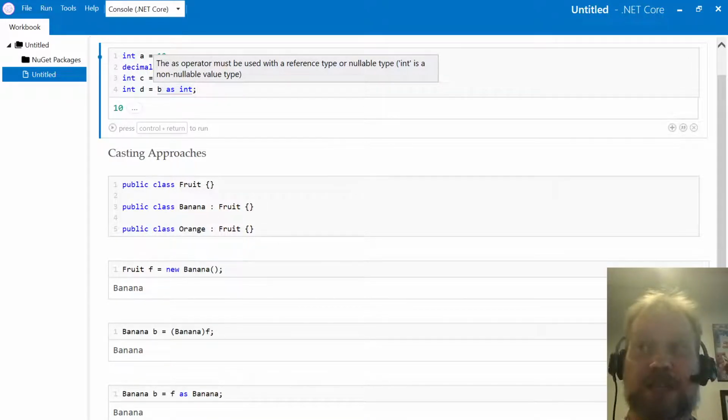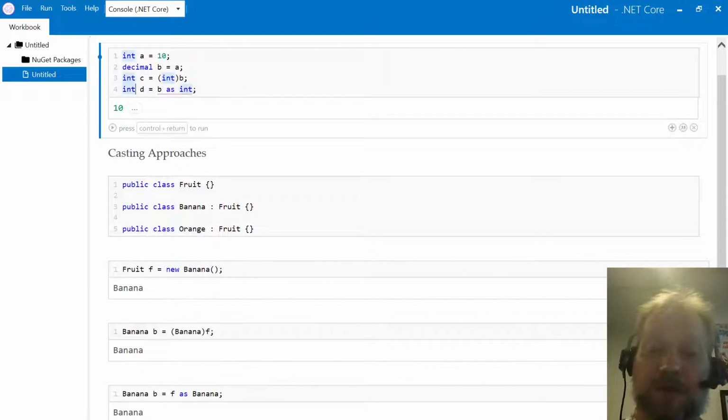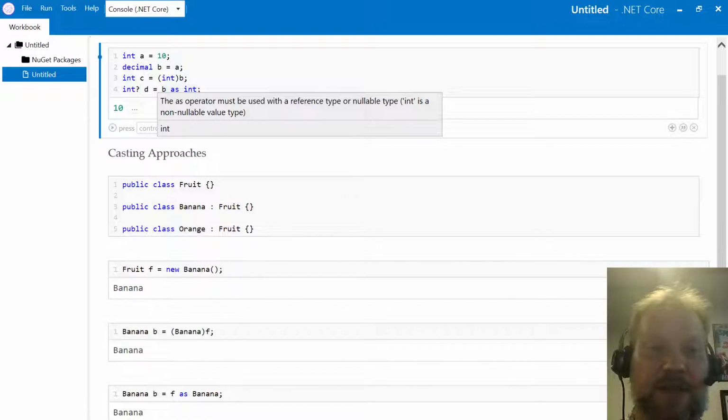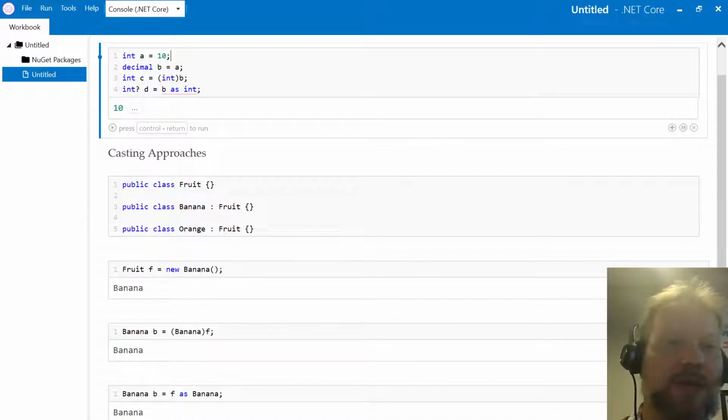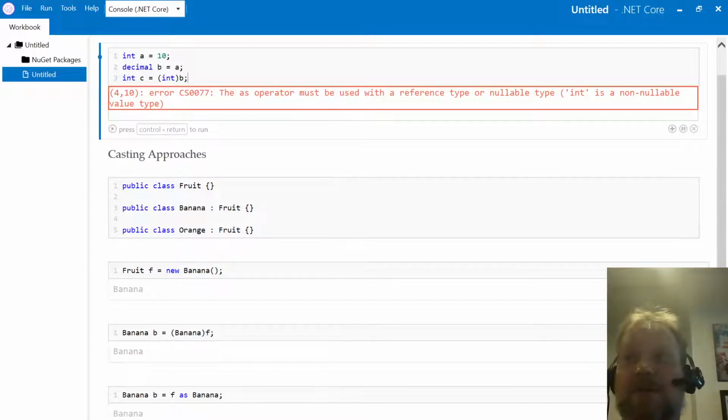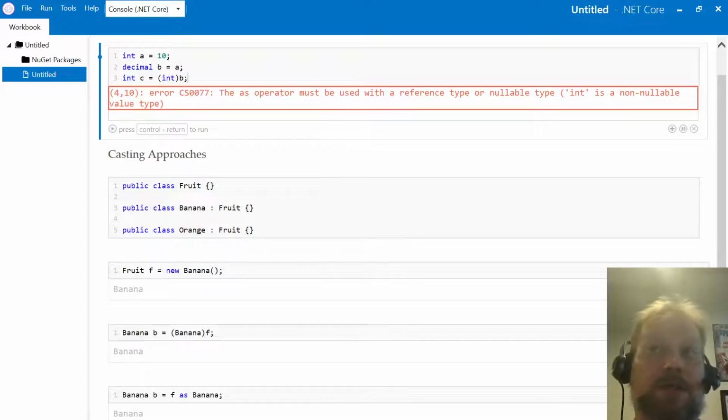They can't be null unless we make them explicitly nullable, so this will not work. If I turn this into a nullable int by throwing that question mark after it, then it might be okay with that, but it looks like even that doesn't like it. So you just can't use it with value types. It has to be basically an object is really what we're talking about there.